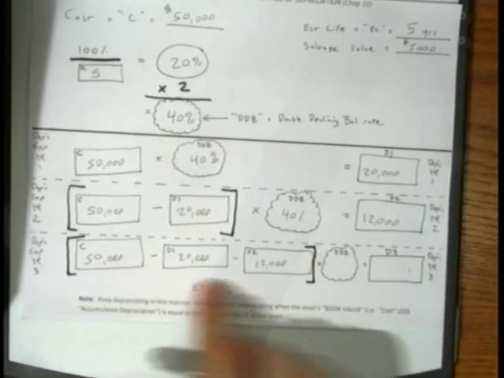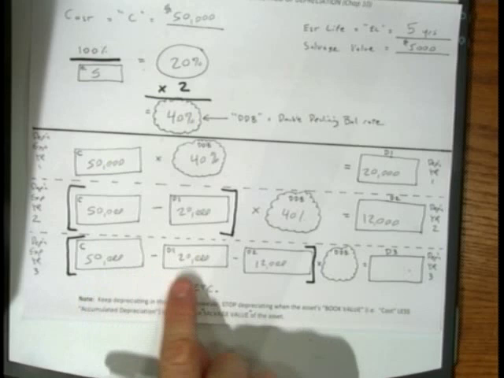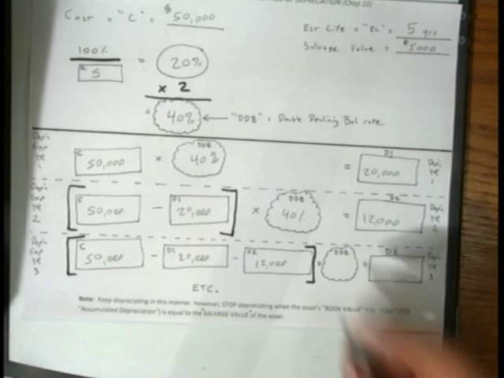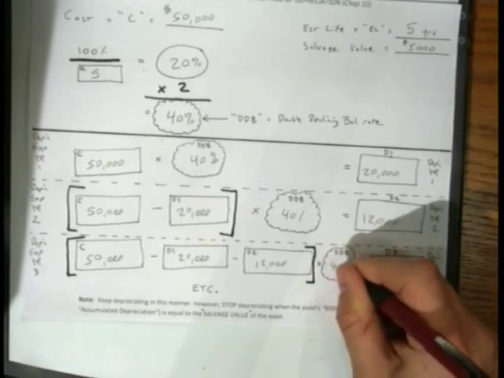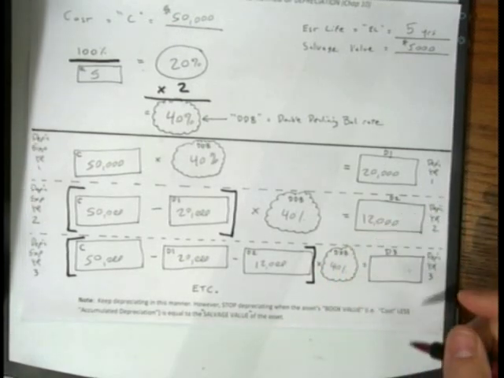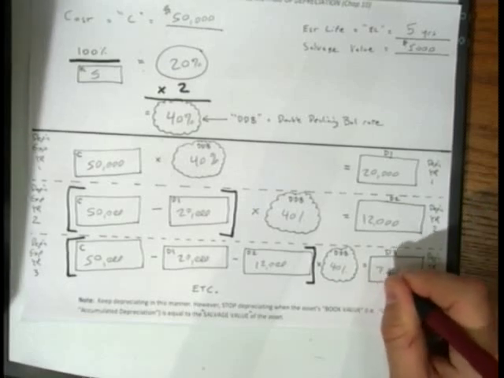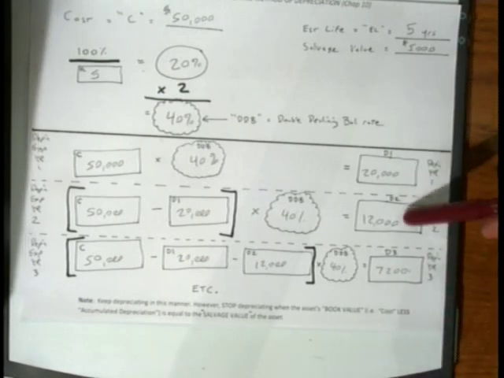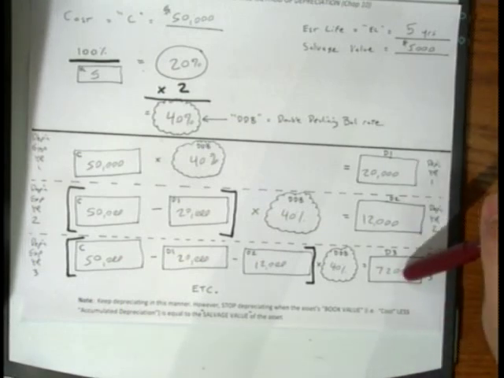So the book value of the asset is actually $50,000 minus 20 minus 12. It's $18,000, isn't it? And we're going to take that times the double declining balance rate, and that gives us, I believe, $7,200. Is that correct? Now, do you see how the amount of depreciation we're taking each year goes down?